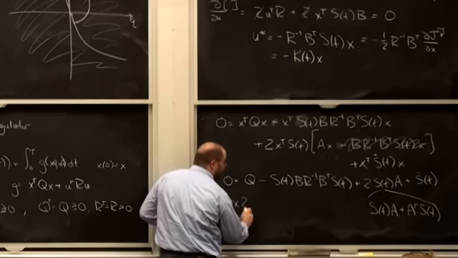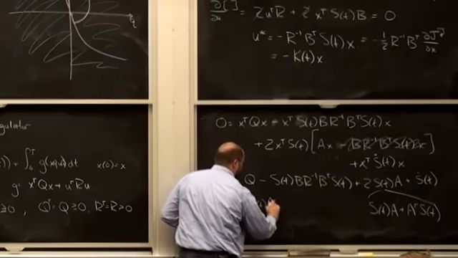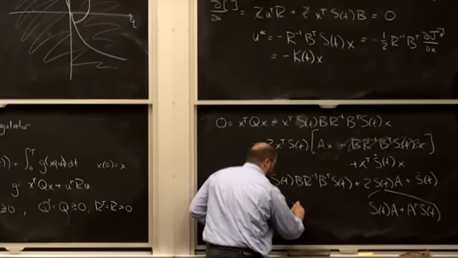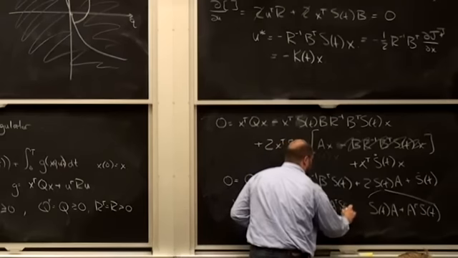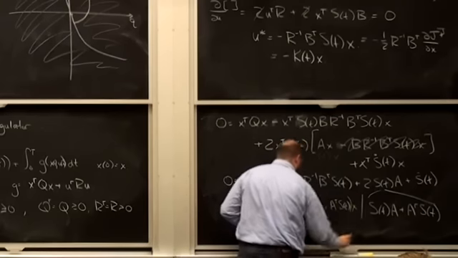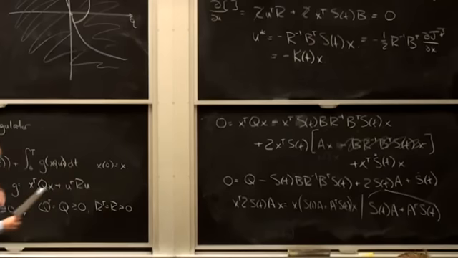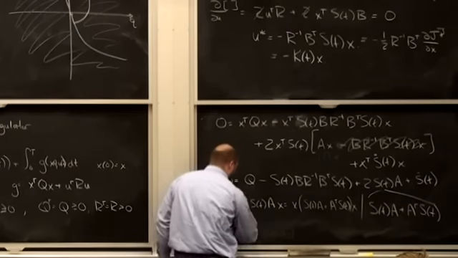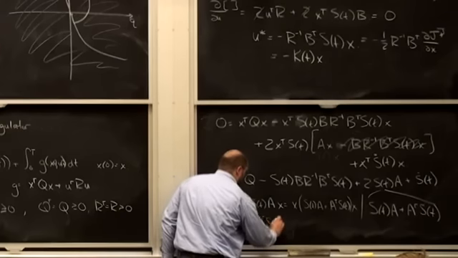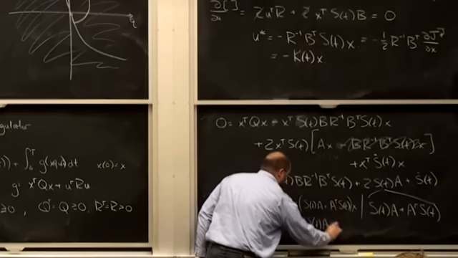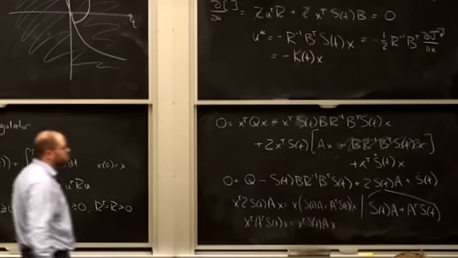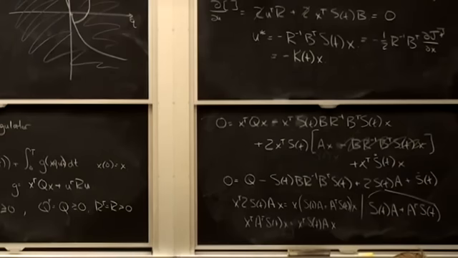So what I mean to say is that these are equivalent for all x, because this has got to equal this.